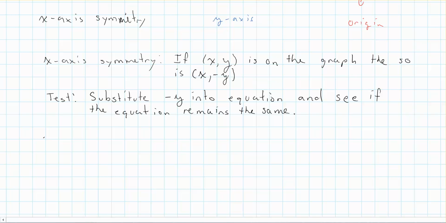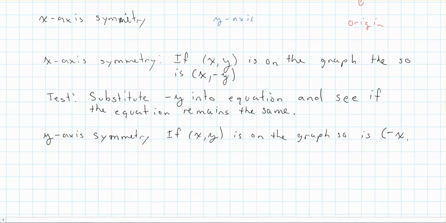Then we have y-axis symmetry. And this is if (x, y) is on the graph, so is (negative x, y).